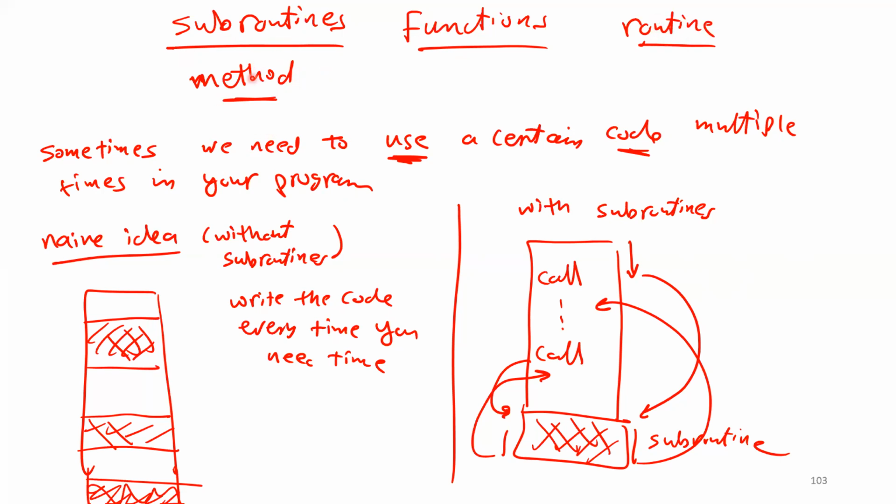I think in Java we use the word method, I guess. But anyway, these are different words to refer to the same thing. In this course, I don't use the word method too much. So if I use any one of these words, they are the same. Sometimes I say function, sometimes subroutine or routine. No difference, just different names for the same thing.